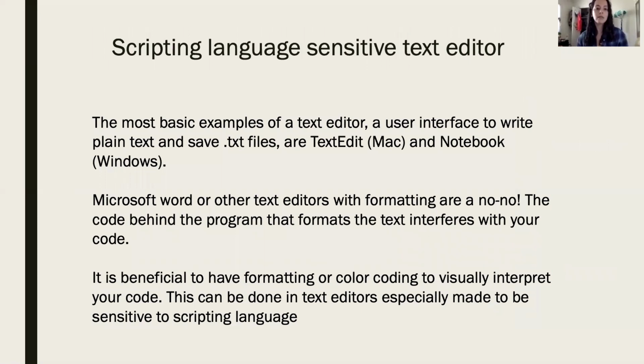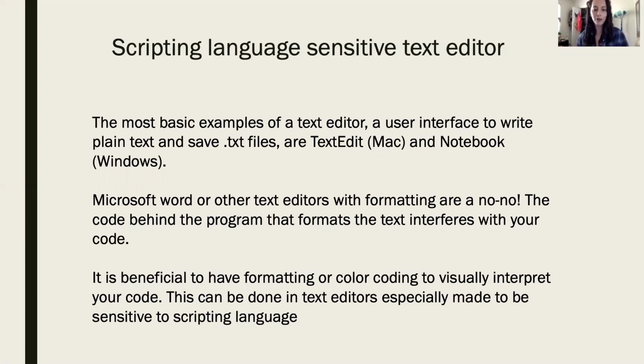So the great thing about MyBinder, as I mentioned, is it does come with that text editor, and it's a specific kind, which is called a scripting language sensitive text editor. Most basic text editors that are used to write text files are, for example, TextEdit if you use a Mac, or Notepad if you use Windows. But those are plain. You don't see any colors or anything like that.